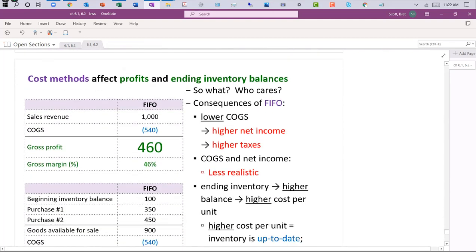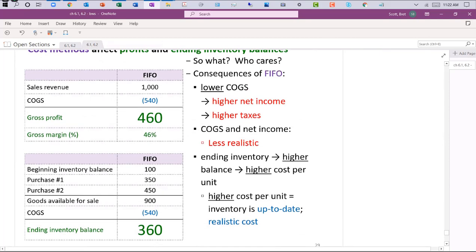And the same thing can be said about FIFO though. FIFO, remember in this example, resulted in a lower cost of goods sold. So you get high net income, therefore higher taxes. The cost of goods sold we see on the income statement is less realistic because it's old. It's based on the old cost per unit.